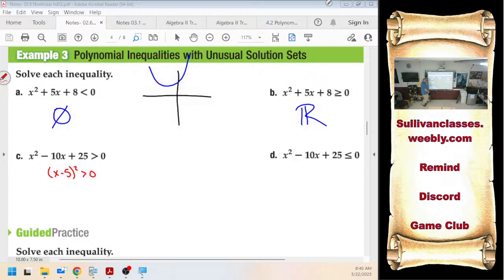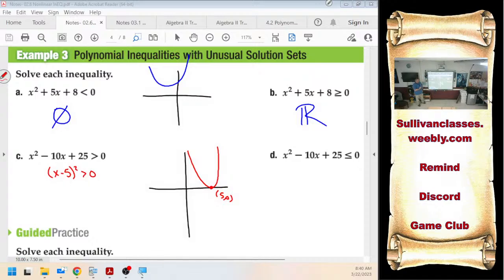And if I remember vertex form or transformation form of a parabola, this just means I'm going to take a normal parabola and move it where? Backwards land. We're going to the right because it's grouped in with x. So I'm going to have a parabola that does this with a vertex at 5, 0.